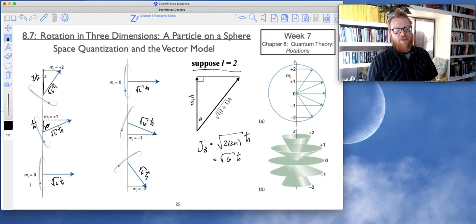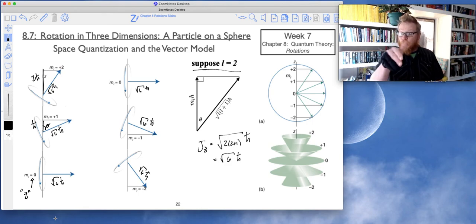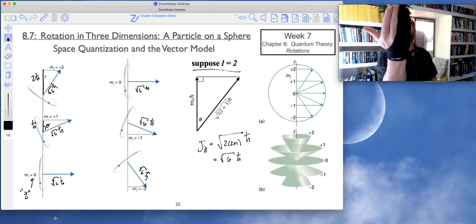We're going to see that this ml equals 0 is a special case as we start building up our description of the atomic orbitals. And we'll see that ml equals 0 is specific to the z-axis. I know that we don't have angular momentum in the z-axis, right? Our angular momentum is pointing out that way, but our rotation is occurring in the plane, okay?